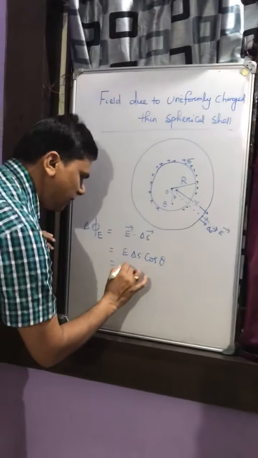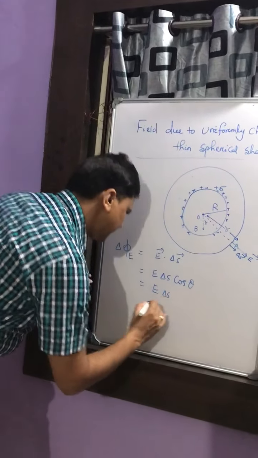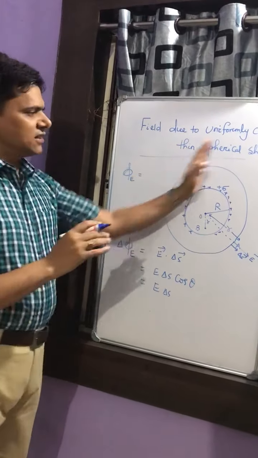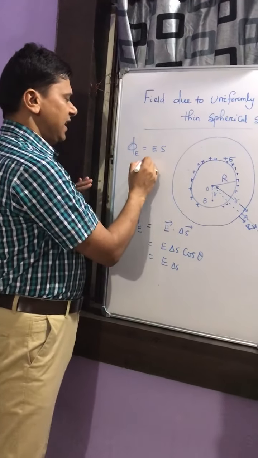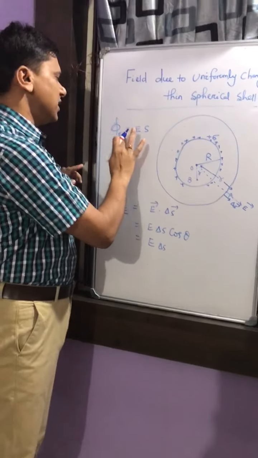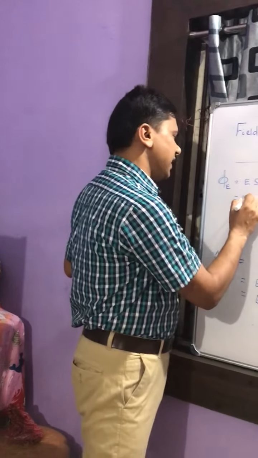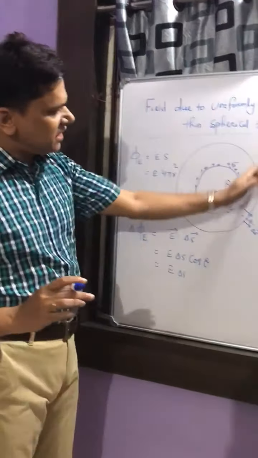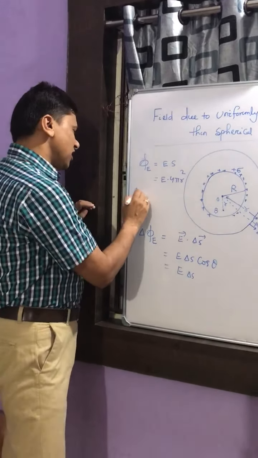Here cos theta is 1 because theta is 0 degrees, so it is E delta S, and the total flux linked with this Gaussian surface will be E into S, where E is to be calculated. Now this S can be written as 4 pi small r square, because this is the surface area of the Gaussian surface.